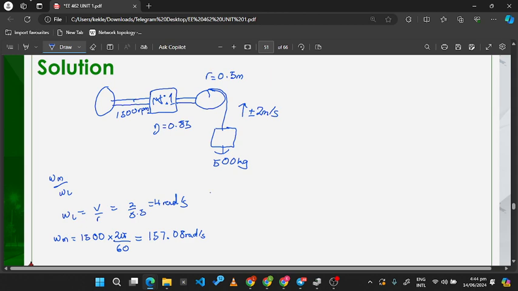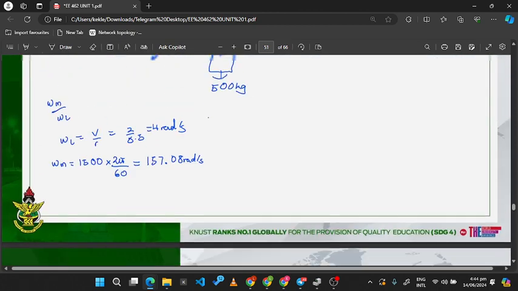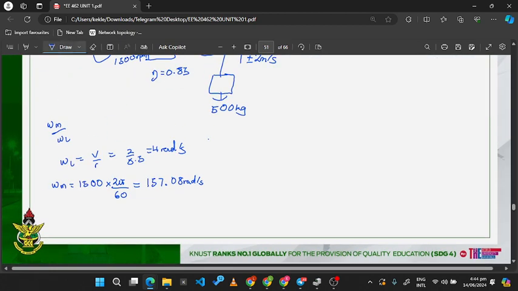So our gear ratio would be omega_m over omega_L, which is 157.08 over 4, giving us 39.27.